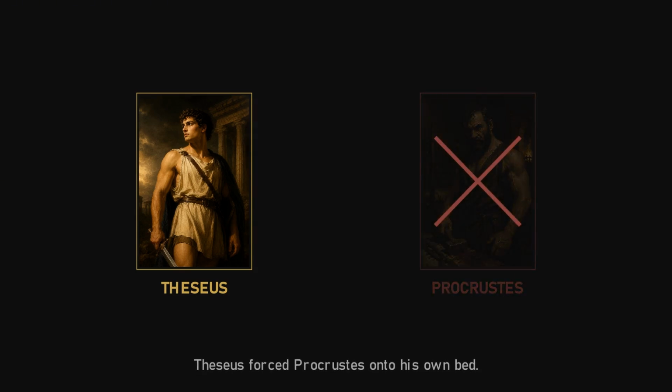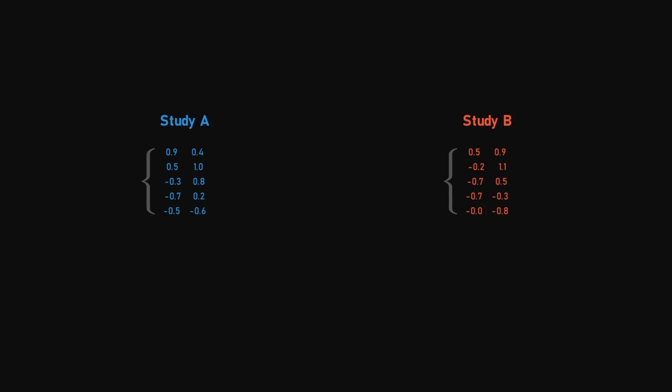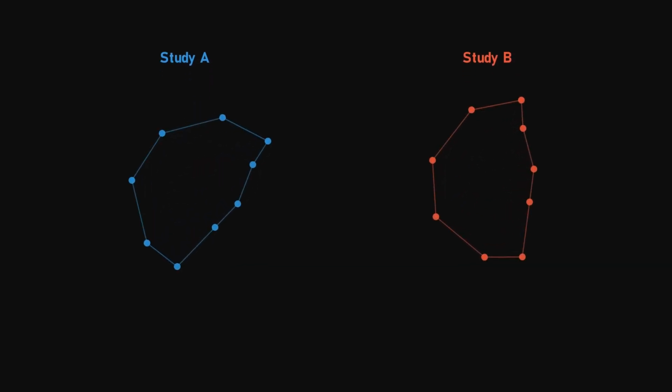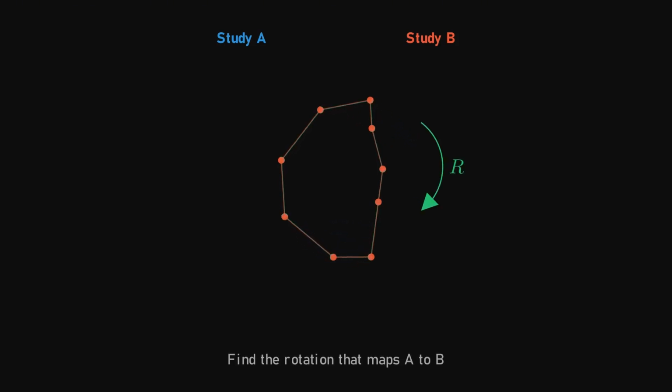In the 1950s, psychometricians named a geometry problem after him. Given two matrices, find the rotation that best maps one onto the other. They named it Procrustes because, like the myth, it's about forcing things to fit. Except the math inverts the myth. The mythological Procrustes forced the fit by distortion.